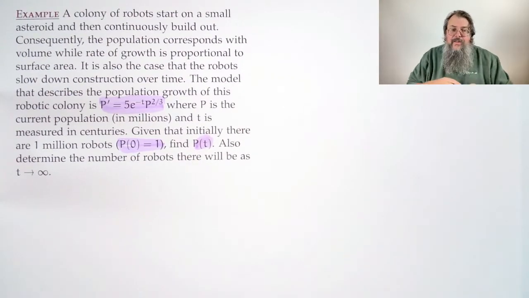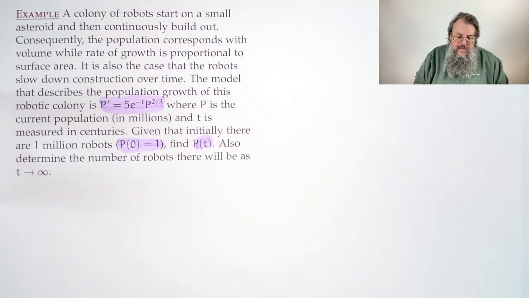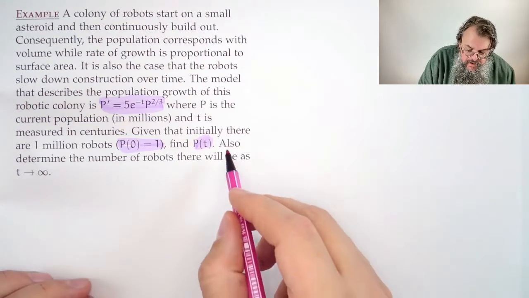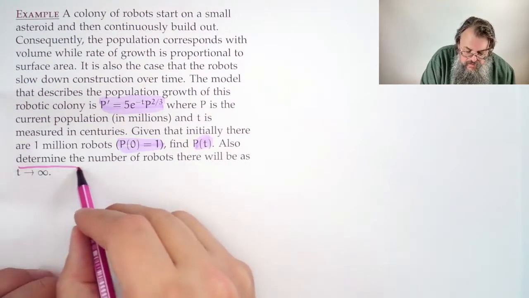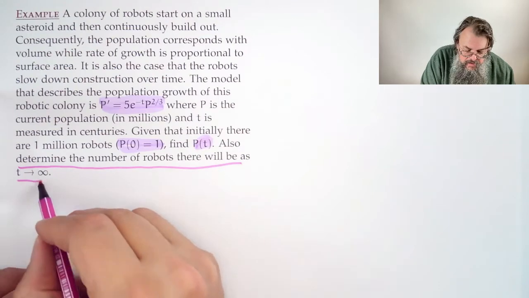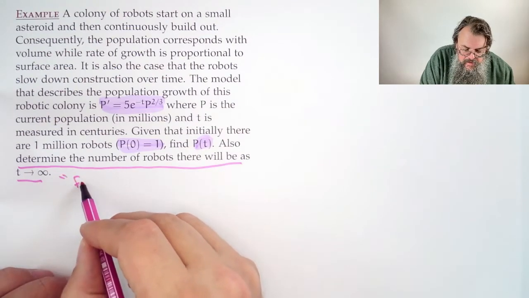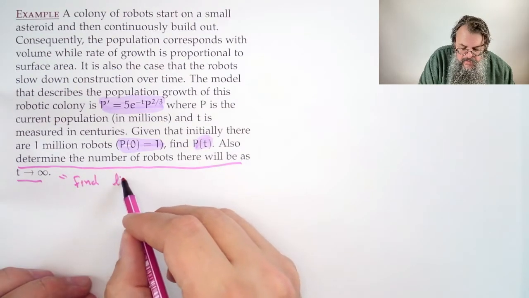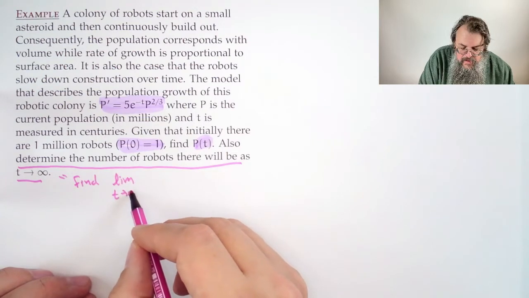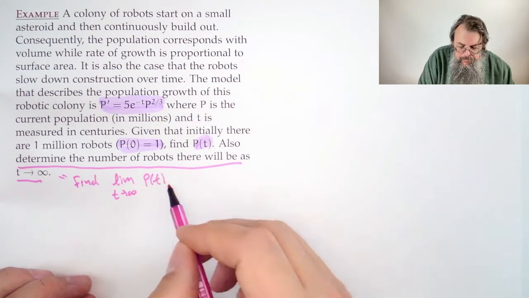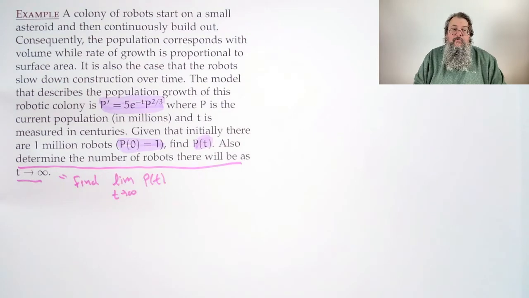Once we find P of t, we'll see what happens as we go to infinity. In other words, this part right here means find the limit as t goes to infinity of P of t, the long-term behavior.